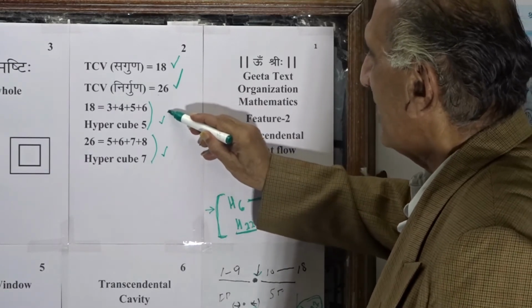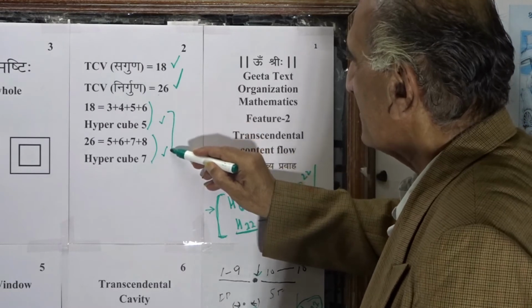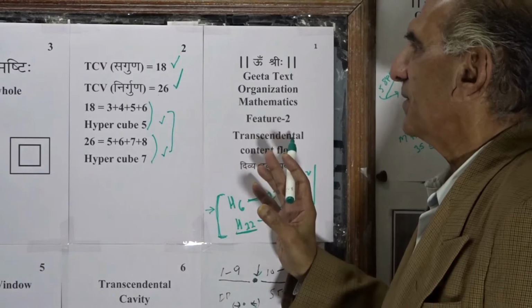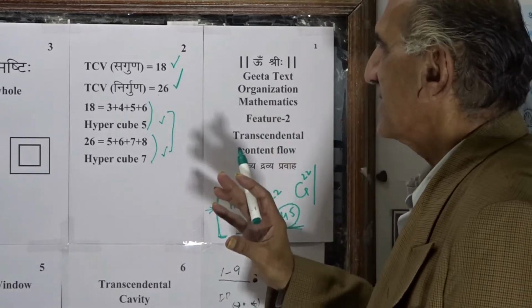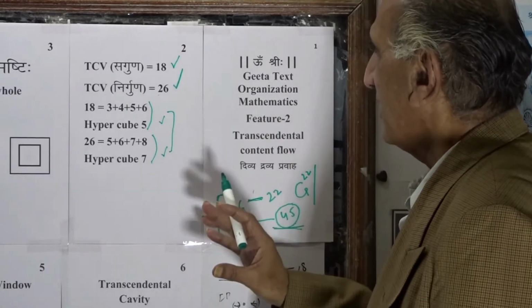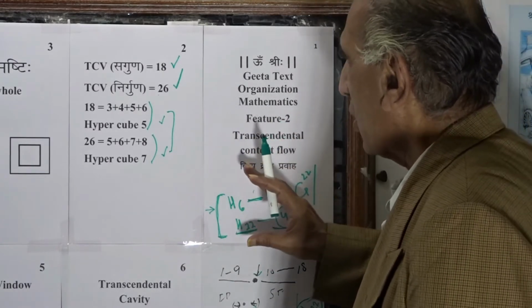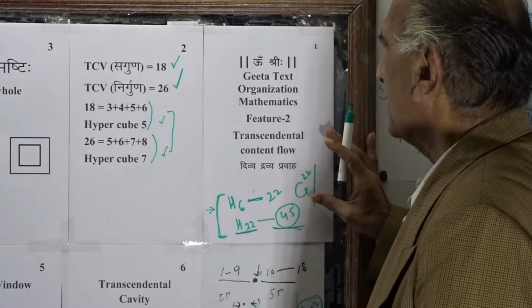It is this simultaneous chase as hypercube 5 and hypercube 7 which is the attainment of the divine dialogue of Srimad Bhagavad Gita.